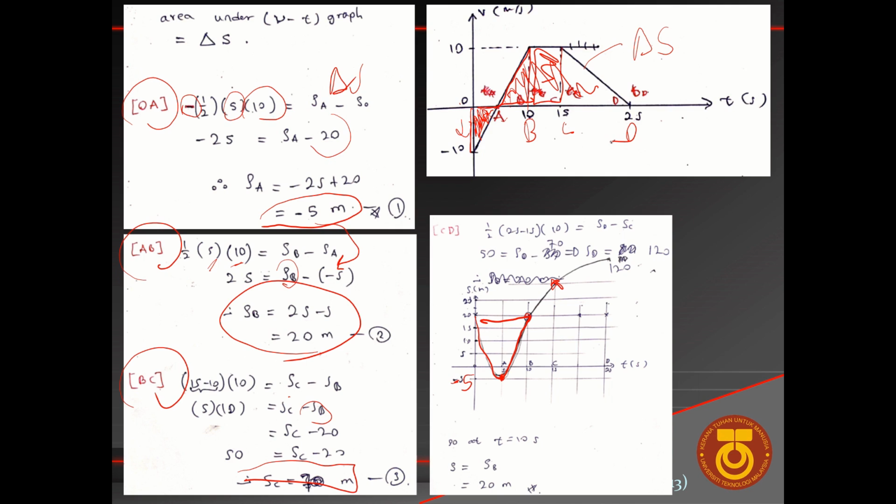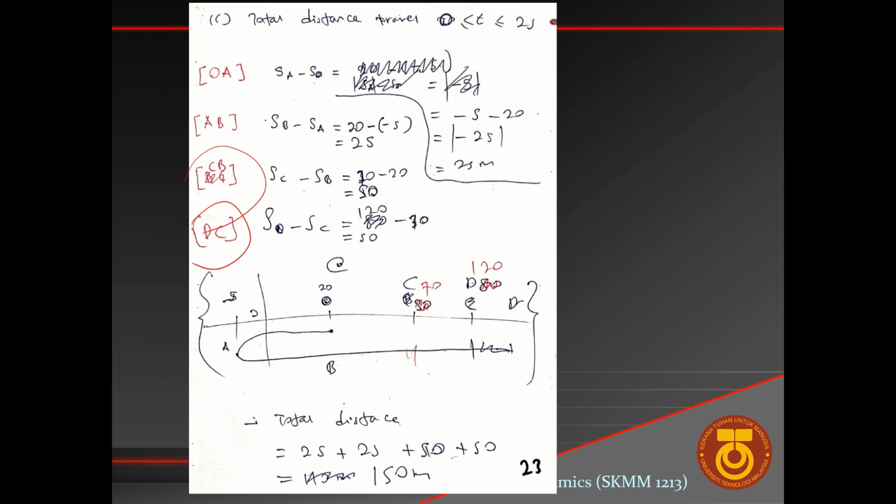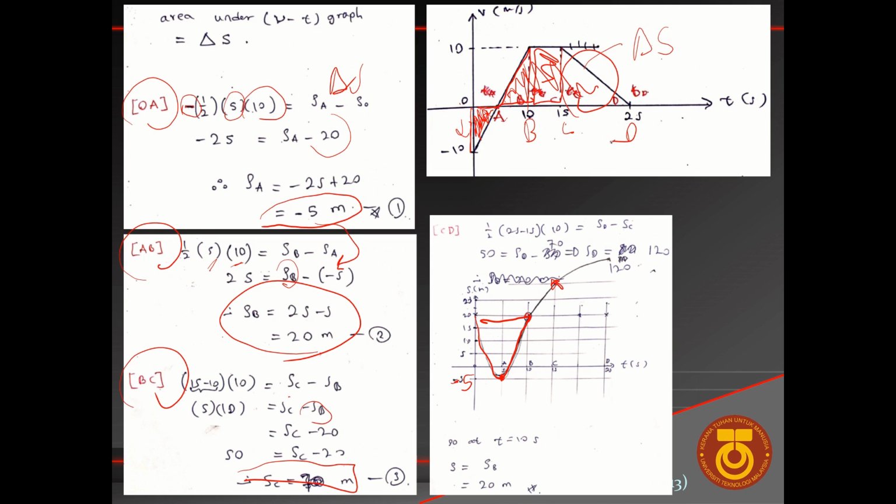You do the same thing for SD. You do the same thing, which is half, and the triangle is 25 minus 15, so you have 10. The length here is 10 minus 0, which is 10.